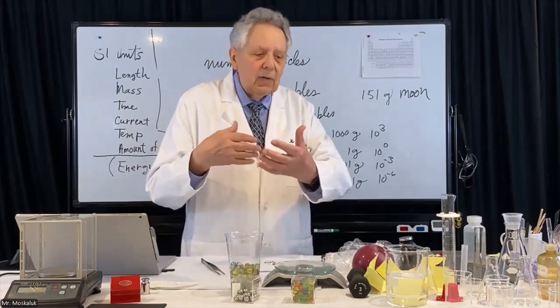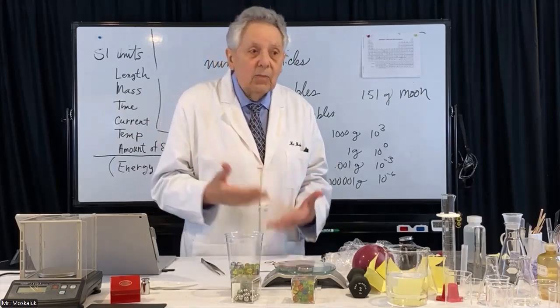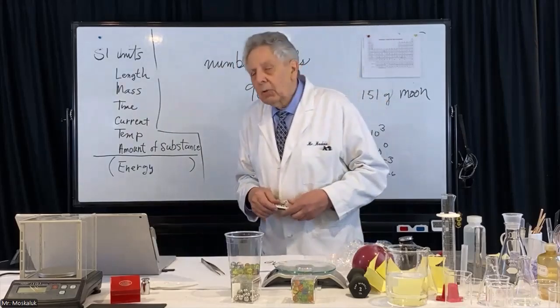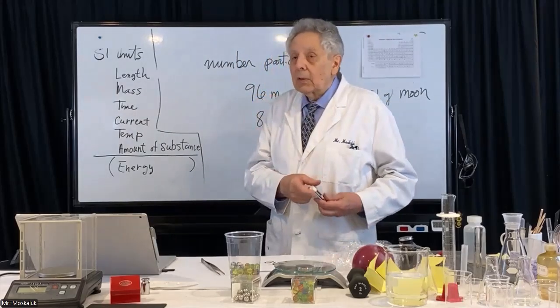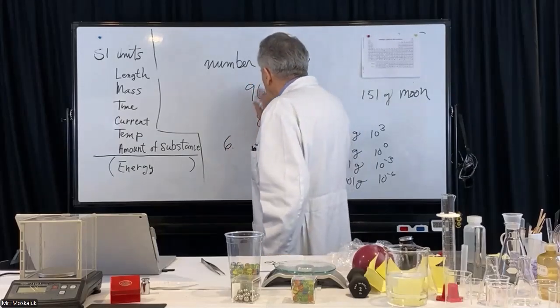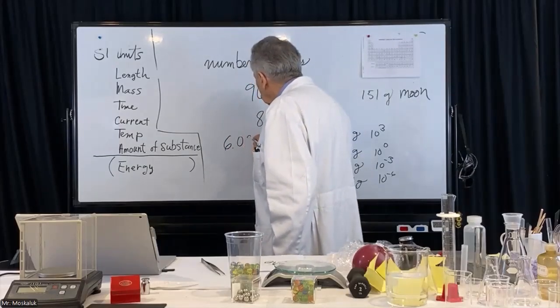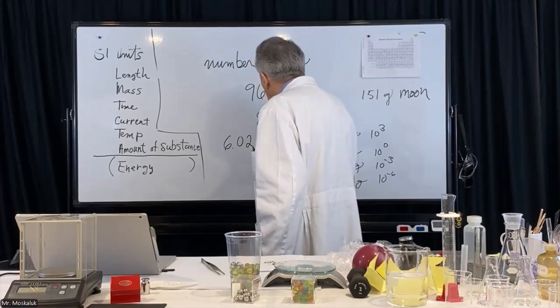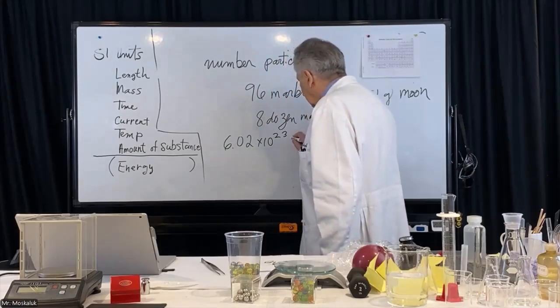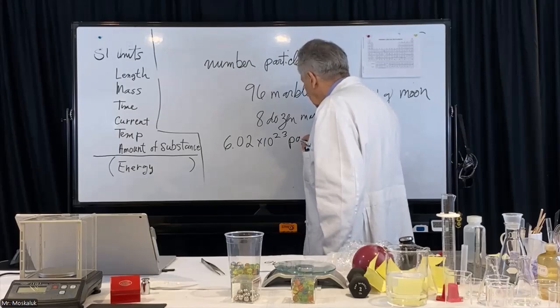Well, we have that same effect in terms of molecules. Typically, the number of molecules that we're interested in for a lot of things like elements is 6.02 times 10 to the 23 particles.